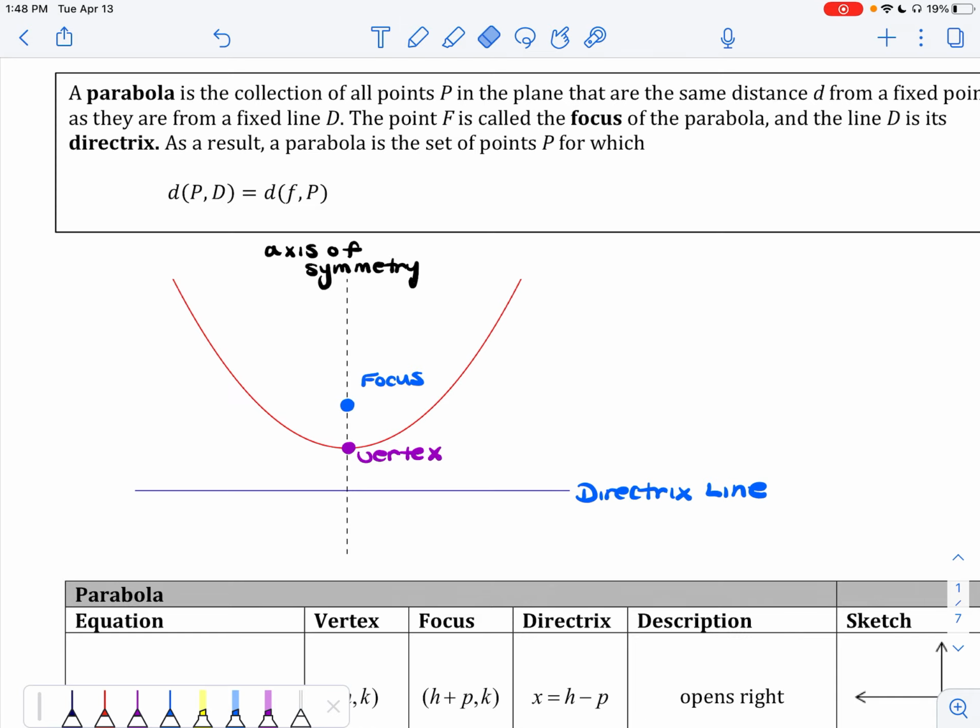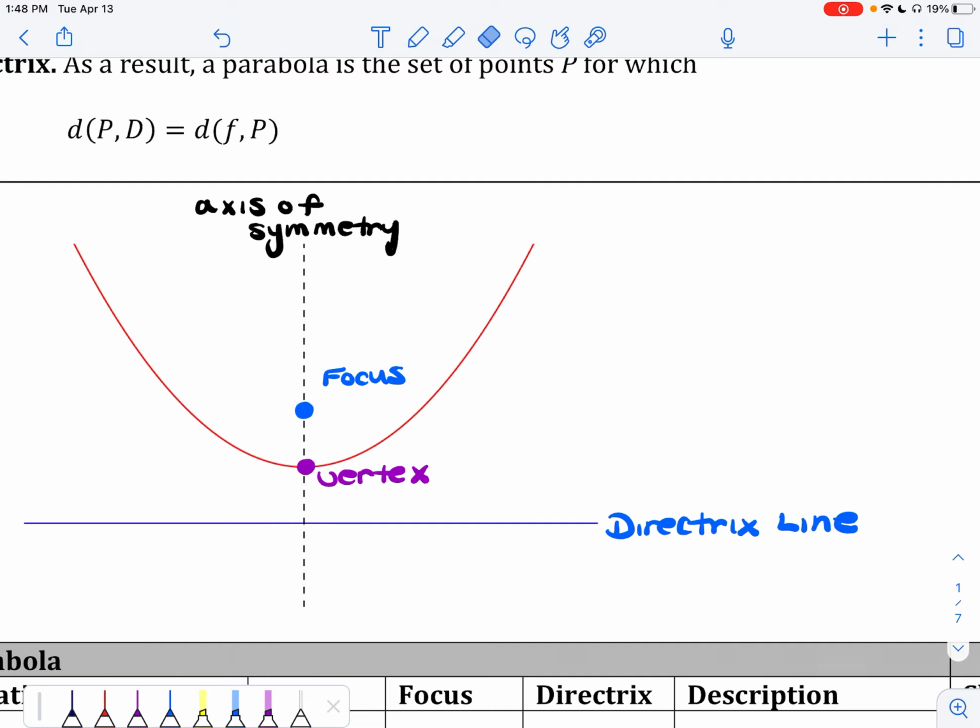Okay, now in terms of application problems, we'll be looking at things that are shaped like a parabola, in which case something like, say you have a parabolic mirror or a parabolic lens, then light would be focused right here at the focus. So that would be where that would come in real life.